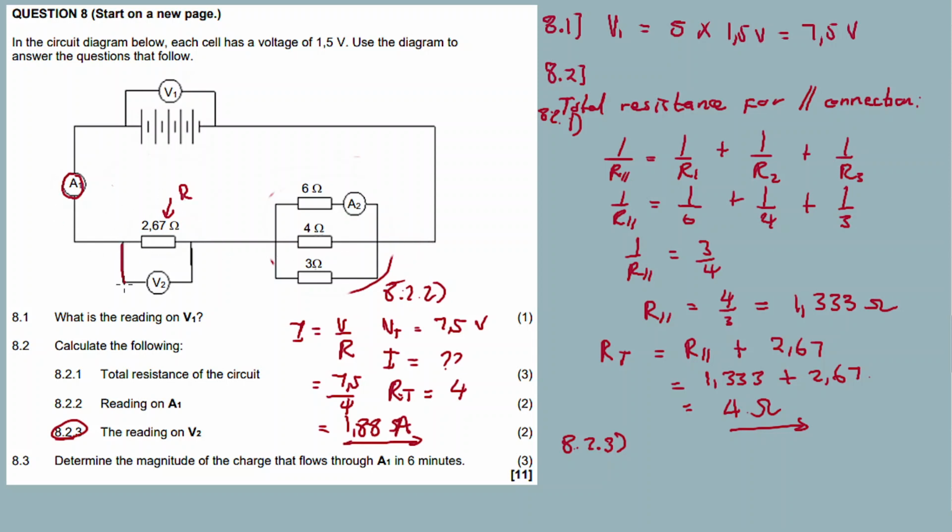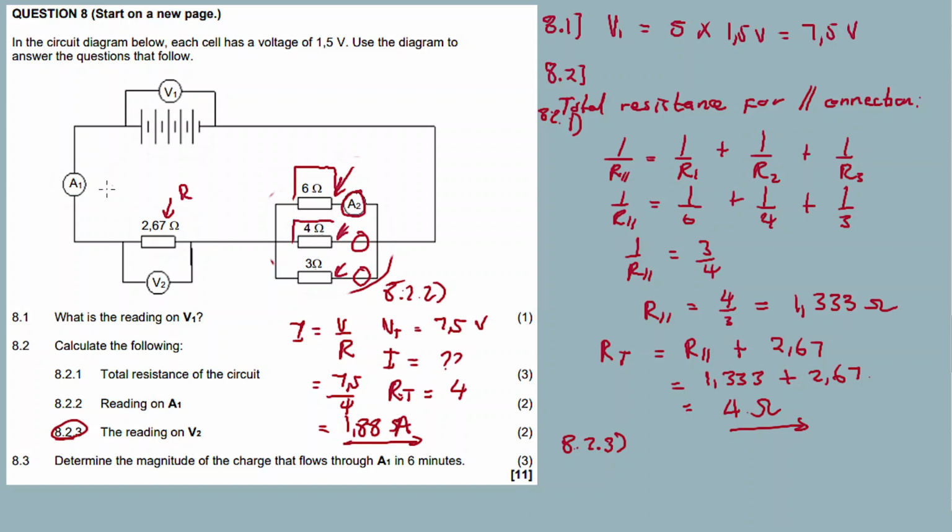The only thing that gets divided is voltage. So the voltage for this resistor cannot be the same as the voltage for the parallel connection. Along the parallel connection, the current gets divided, but the voltages remain the same.